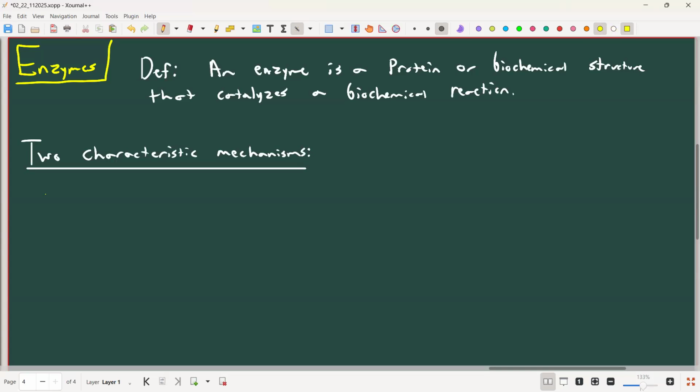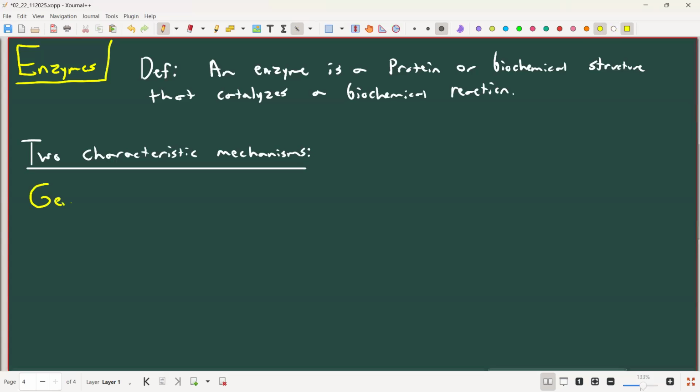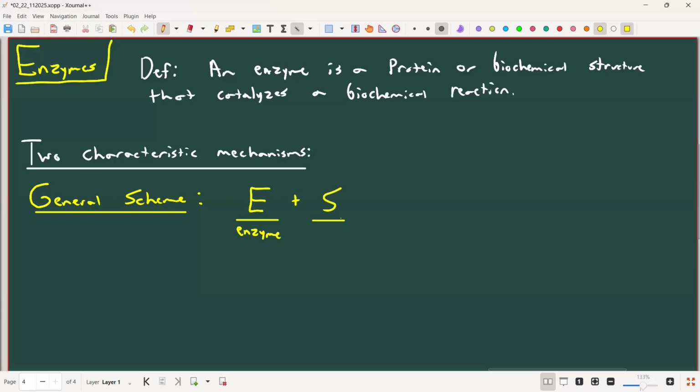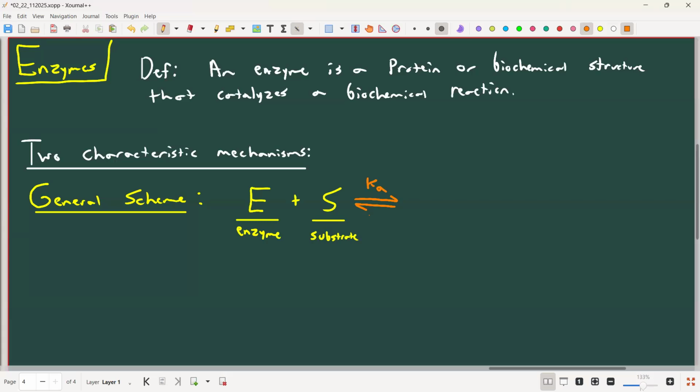All right. So the first one, the general scheme for an enzyme: we take an enzyme, which I'll call E. We add to it a substrate, the thing that the enzyme binds to. There is an association of the two. That's an equilibrium. So we have an association step that we mark as Ka, and the reverse would be Ka prime.